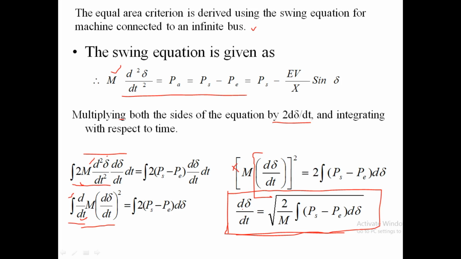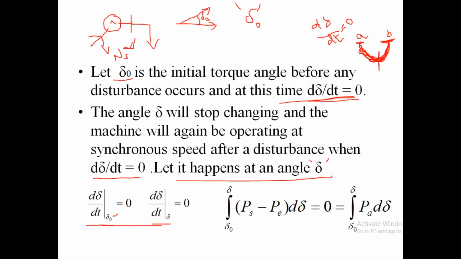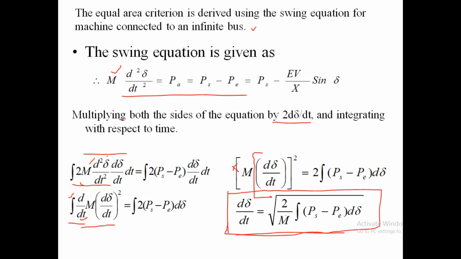It is mathematically correct if at those points d delta by dt becomes 0. So if these two are 0, then integrating from delta 0 to delta, if the left side is 0, the right side also is 0.